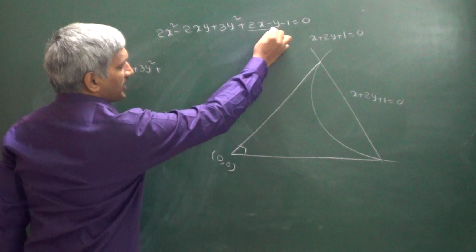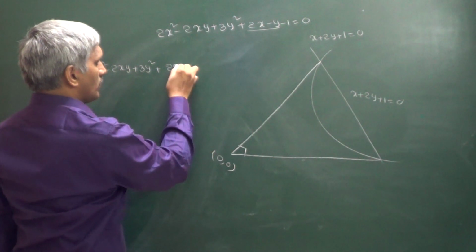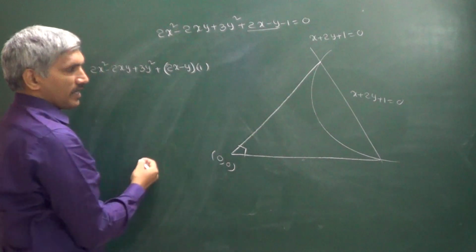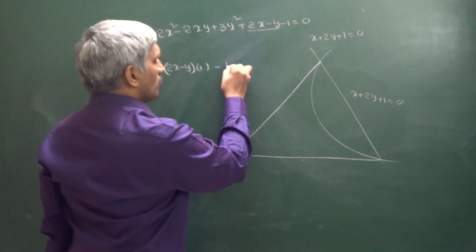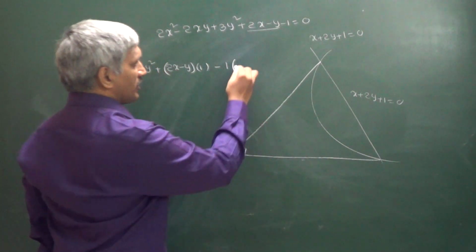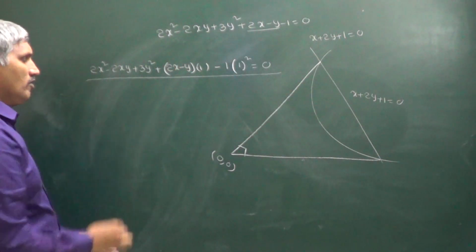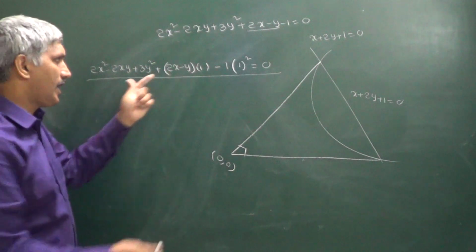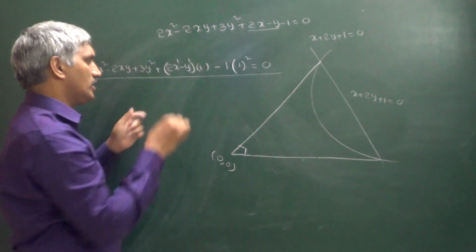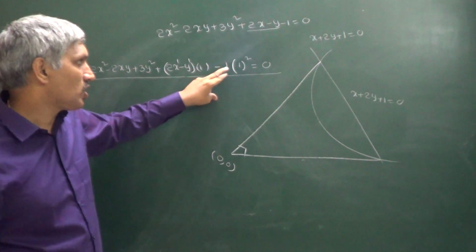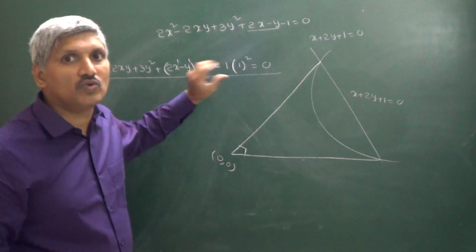First degree terms we have to multiply with 1. First degree terms, x power 1, y power 1, we multiply with 1. Minus 1, that is a constant, we multiply with 1 square, is equal to 0.